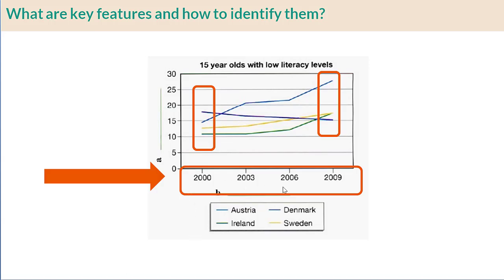If we have a timeline, and it concerns all graphs where you have a timeline, so if you have a timeline, you need to highlight the change over the given period of time. If you compare the beginning and the end of the period, what changed?